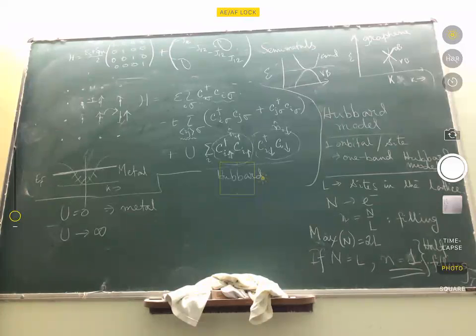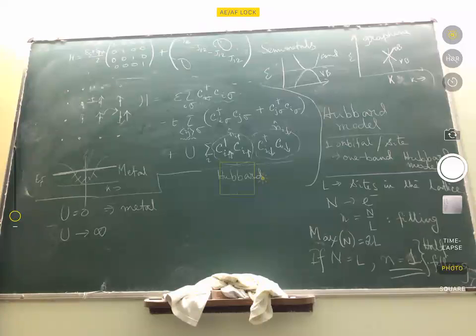Yeah, but I'm talking of the U going to infinity limit. If you put 2 electrons on each site, they will try to come nearby, localize. But that's not the meaning of localization.